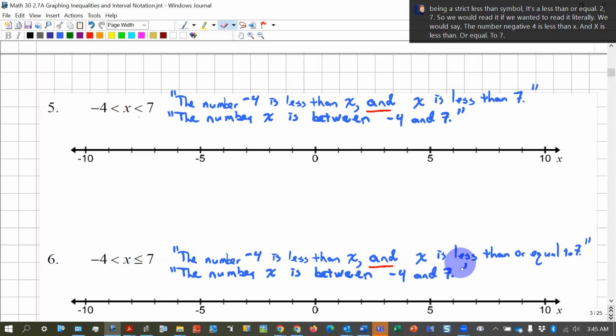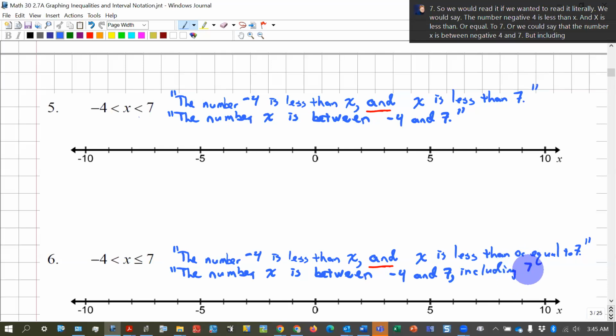Or we could say that the number x is between -4 and 7, but including 7.